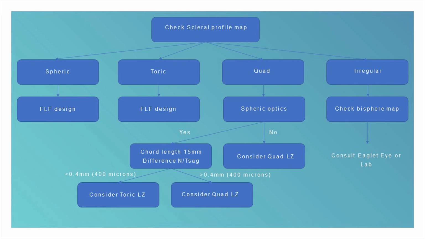If we check out the flow chart, we see that you go to irregular, you have checked out the bisphere map, and now it is recommending you to pick up contact, so to consult Eaglet Eye or your preferred lab. Why do this?